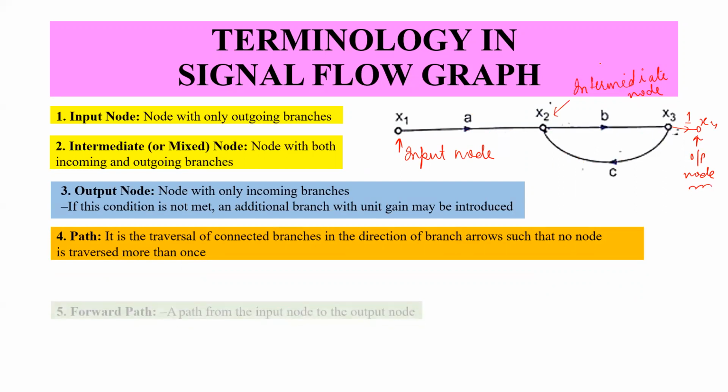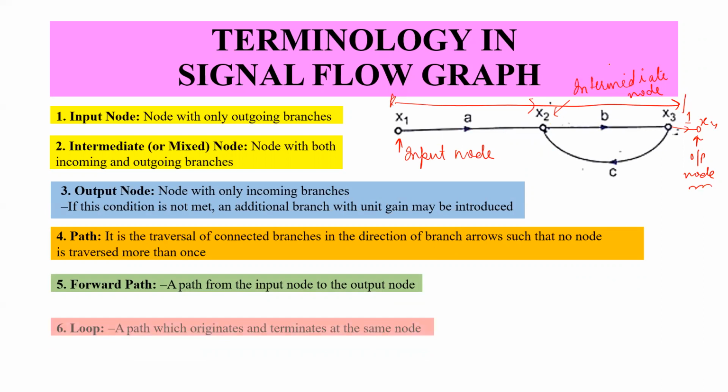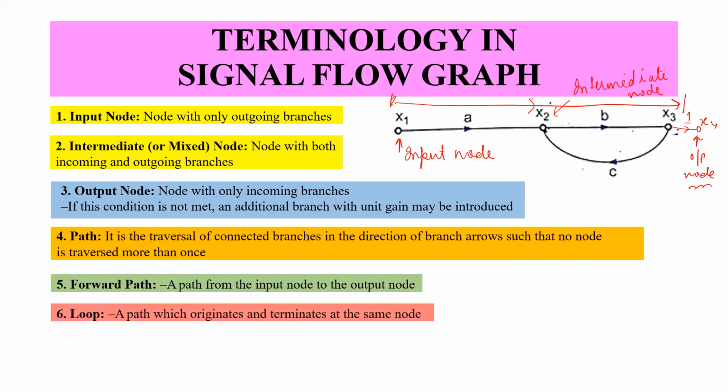Then the forward path is the path from the input node to the output node. As you can see, this is the forward path. Then a loop is a path which originates and terminates at the same node. As you can see here, this is a loop which originates from x2 and terminates at x2 through x3.